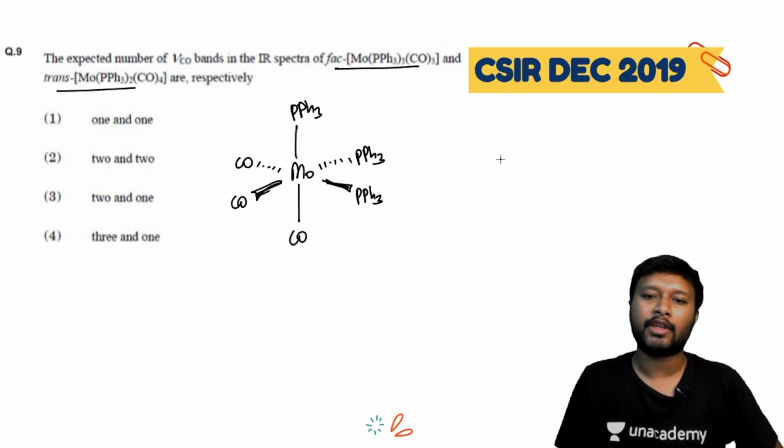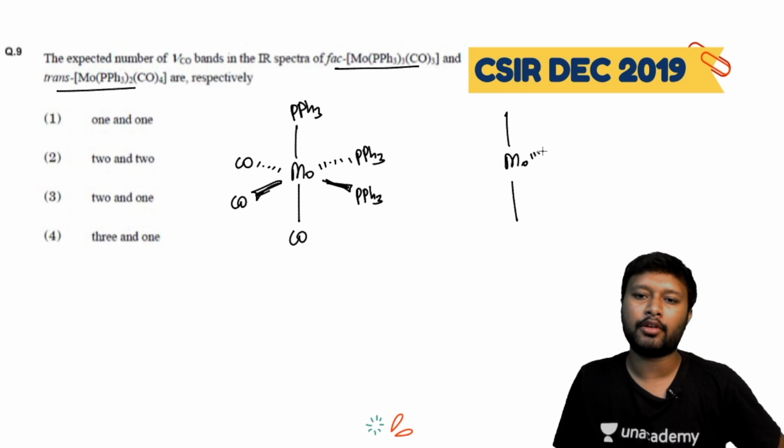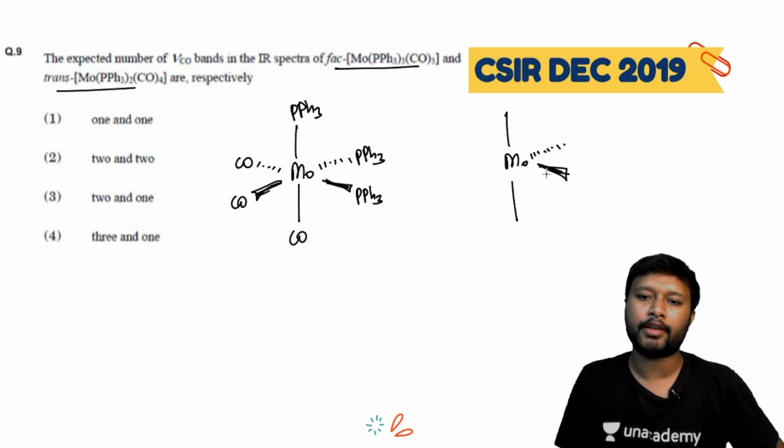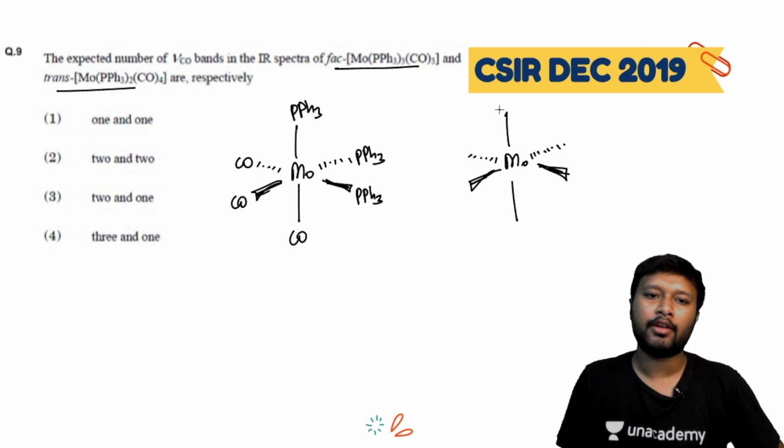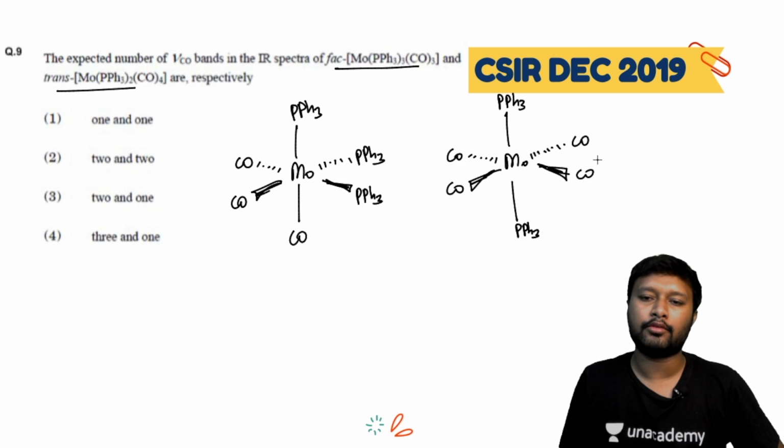The second one is your trans isomer, so that will be drawn like this. You have these two PPh3 groups, so let's keep them on the axial positions, and then you have CO, CO, CO, and CO. This is how the complex is.